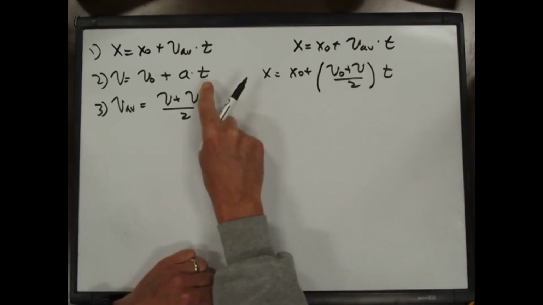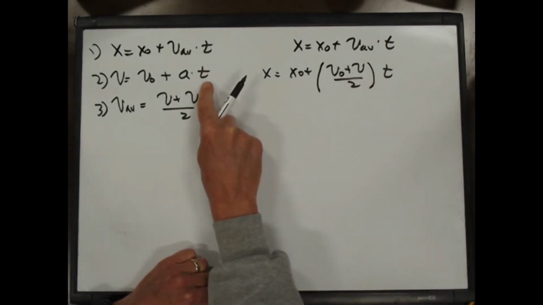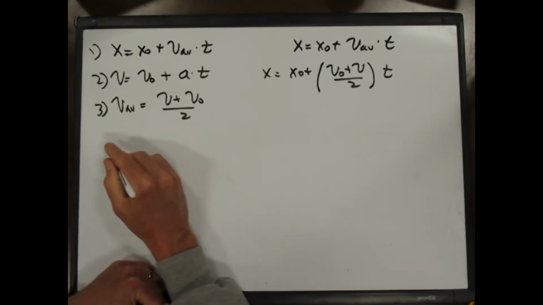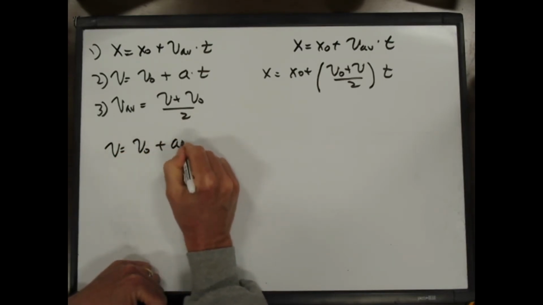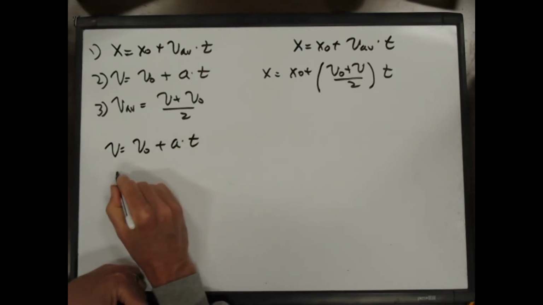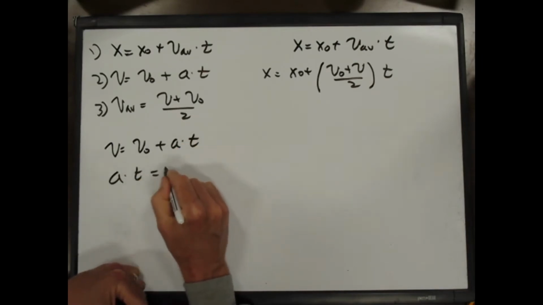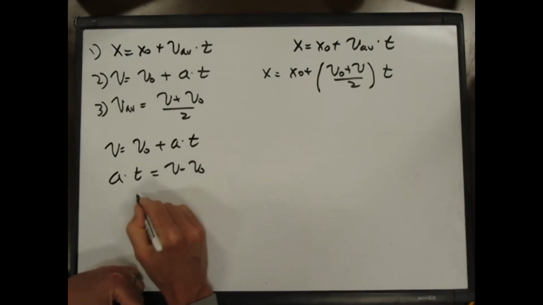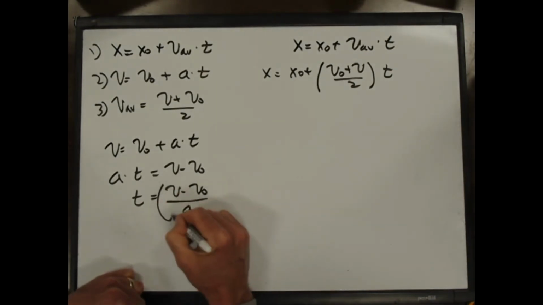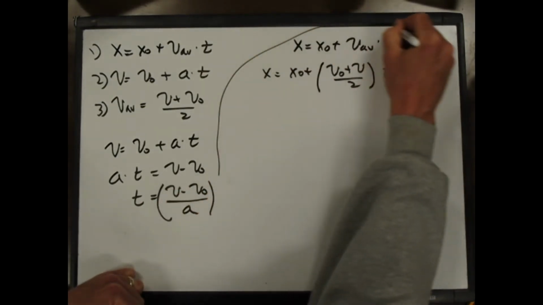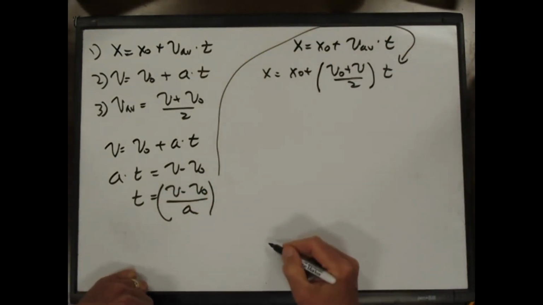And then for time, I'm going to grab this equation and rearrange it, solving for time. And so if I say v equals v naught plus the acceleration times the time, that means the acceleration times the time is equal to v minus v naught, or the time is equal to v minus v naught over the acceleration. And this thing I'm going to stick in for the time right there.